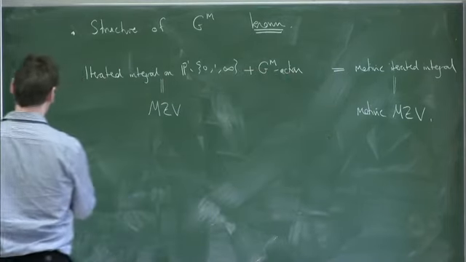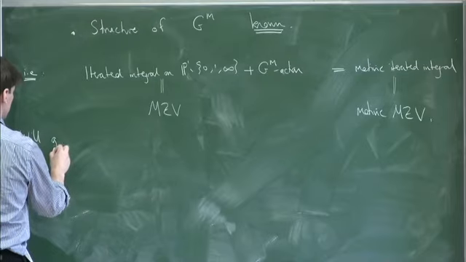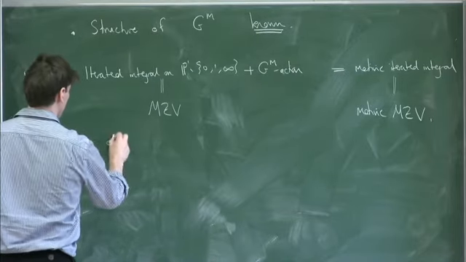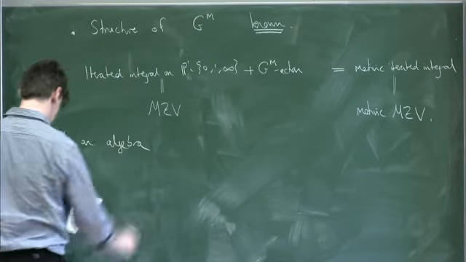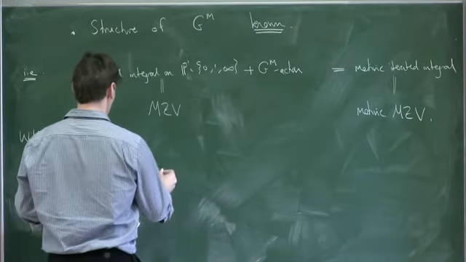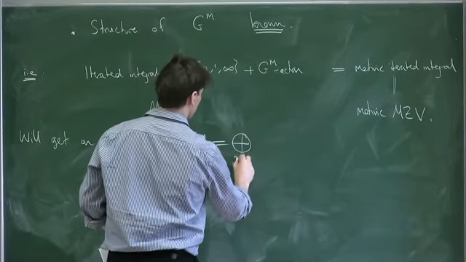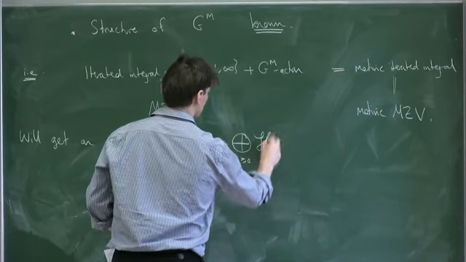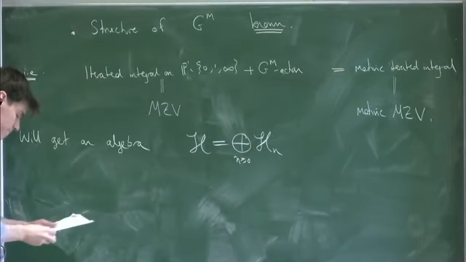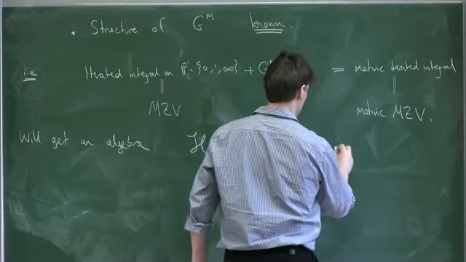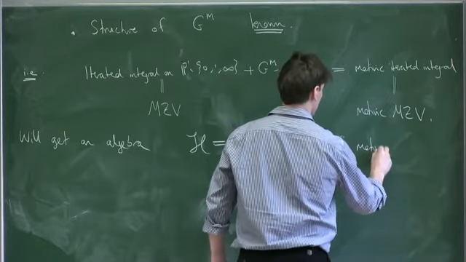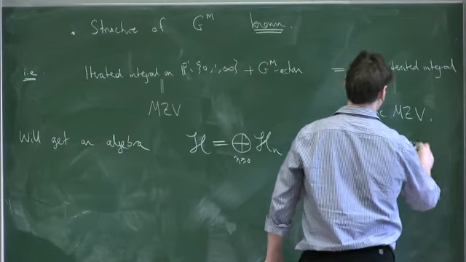So the upshot is, at the end of the lecture, we will get an algebra which is going to be graded. Let me grade it right away. Graded by the weight of Motivic multiple zeta values.